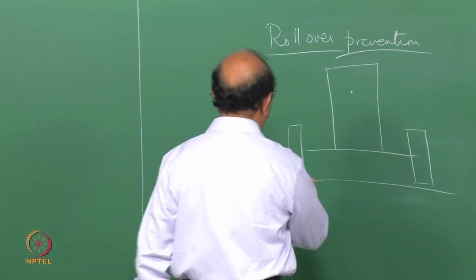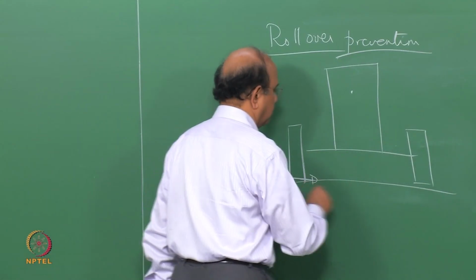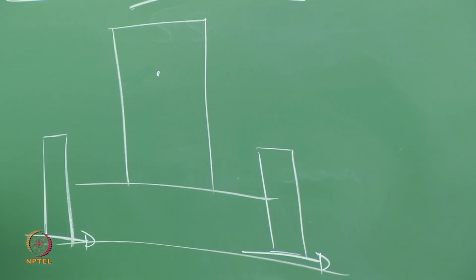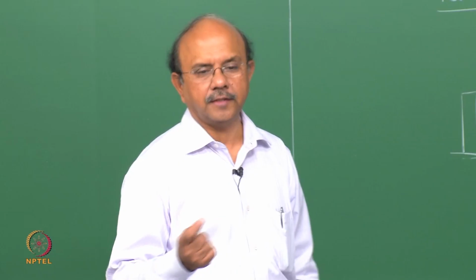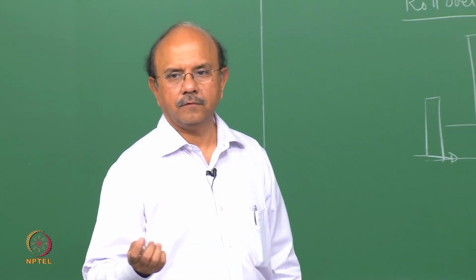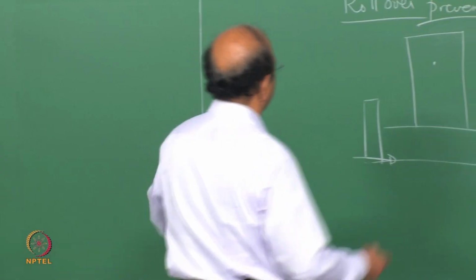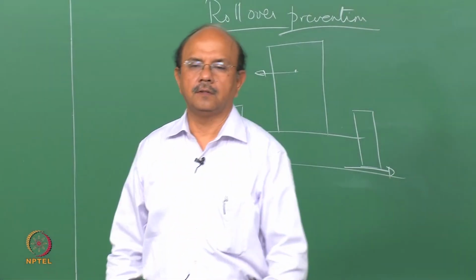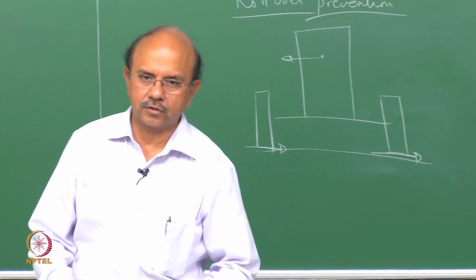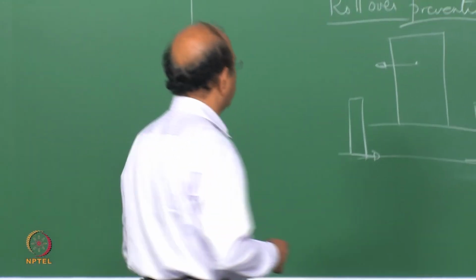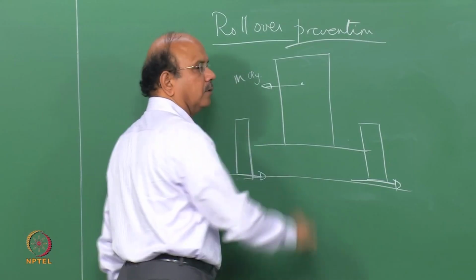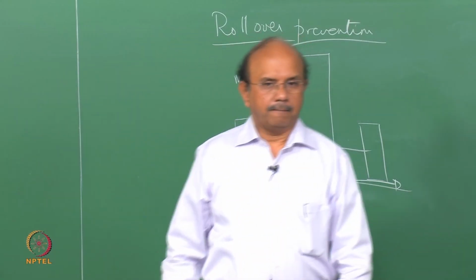Let's say that these are the centripetal forces that are required in order that the vehicle takes a turn, right? And that is the corresponding D'Alembert's force, or the centrifugal force, which is mv squared by r, or I would call that m into ay.